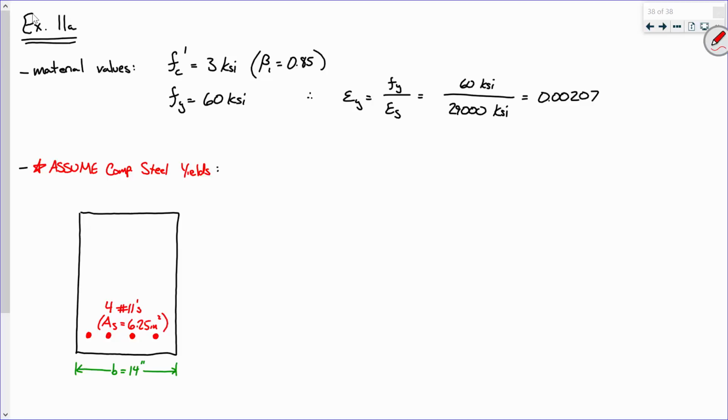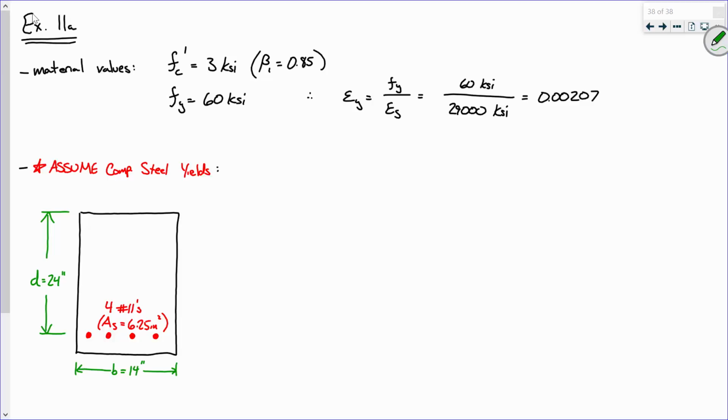Everybody okay with that? Now, the d distance from the top to the center of that steel is right here, and that is a d value of 24 inches. Okay. Everybody with me so far?